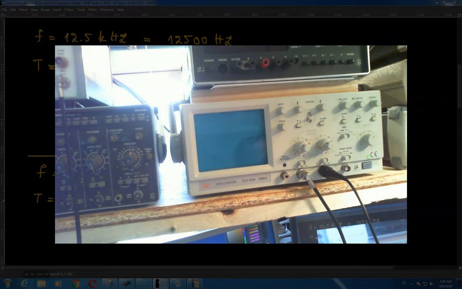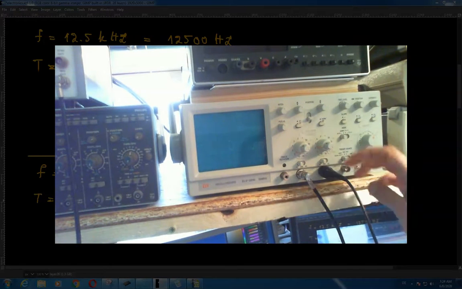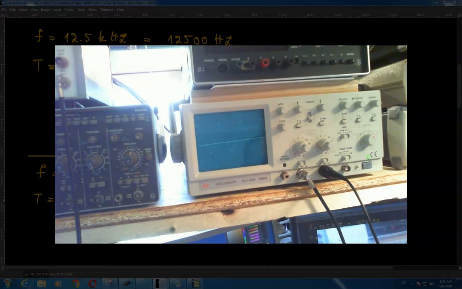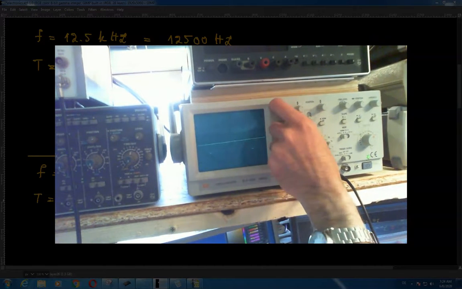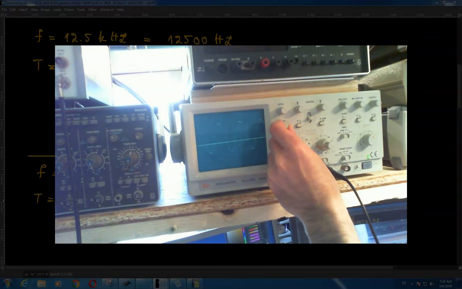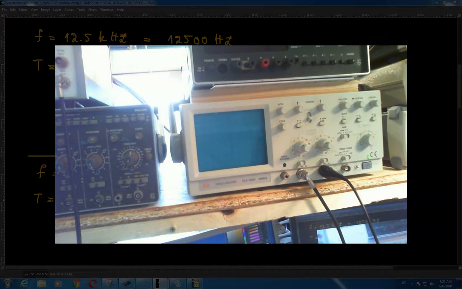Now there are some oscilloscopes that have two time bases, meaning that for channel 1 you can use a separate time base, and for channel 2 a separate time base, and then you would be able to see both of these simultaneously and properly. But on this oscilloscope it's actually not possible. Usually on, for example, Tektronix oscilloscopes, you would see that sort of thing.